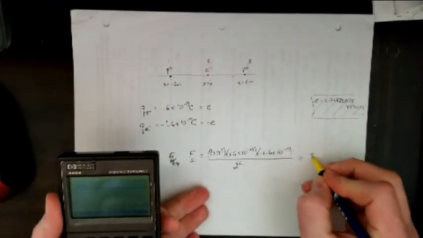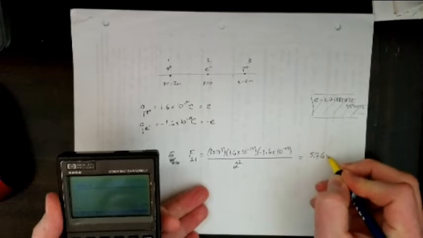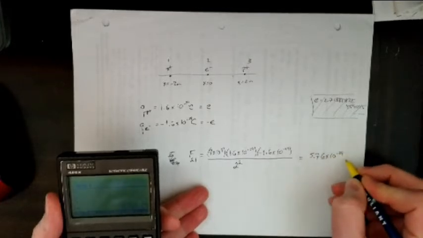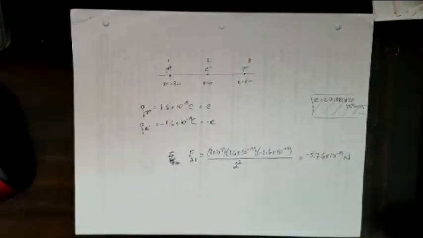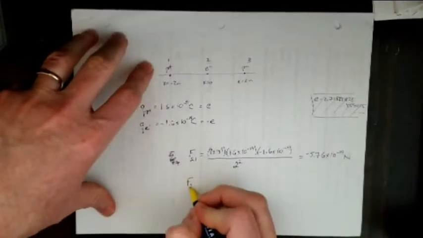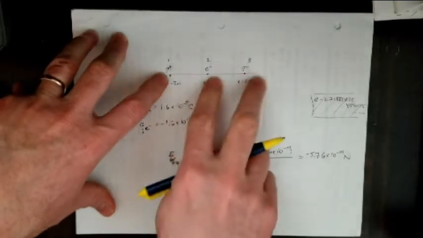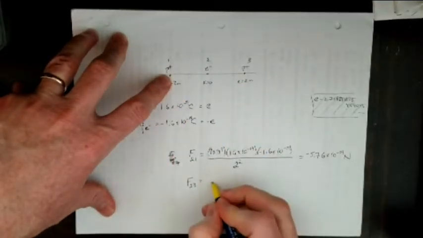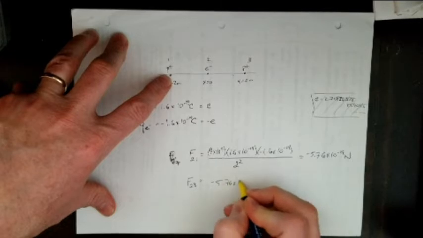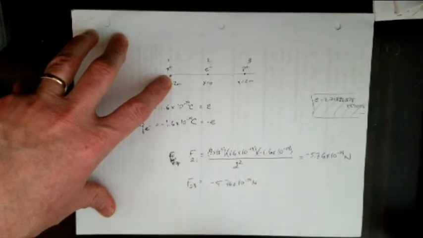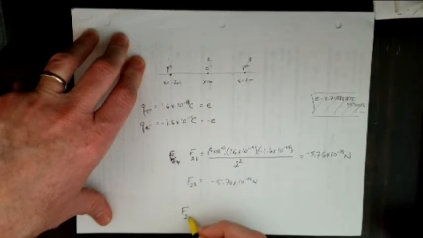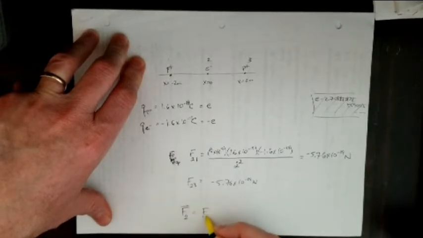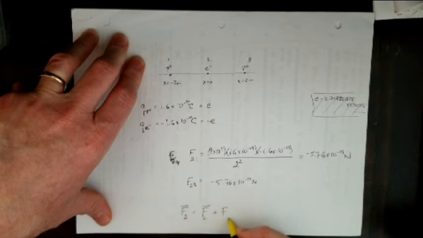And I get 5.76 times 10 to the -29th newtons, and the minus sign right there. If I did the force on 2 from 3, basically it's the same numbers, so I get -5.76 times 10 to the -29th newtons, and so the total force acting on 2 is the force on 2 from 1 plus the force on 2 from 3.